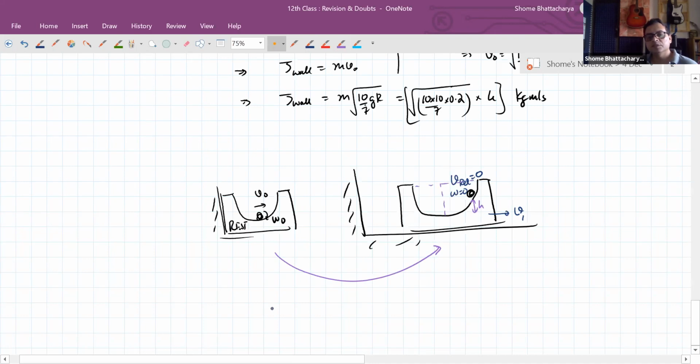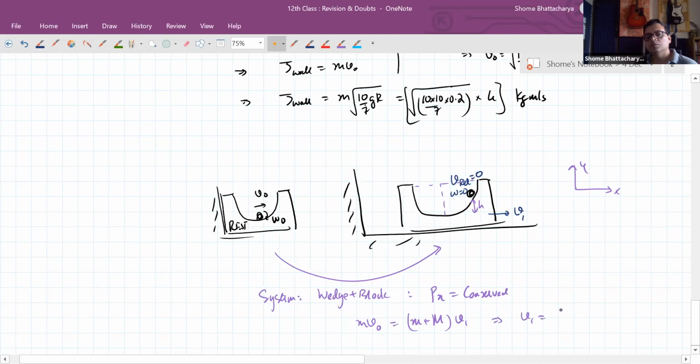Between this picture and this picture, for the system being the wedge plus the block, horizontal momentum is conserved. So m v naught should be equal to (m plus M) v1.